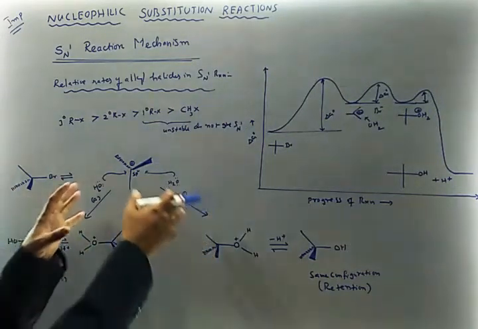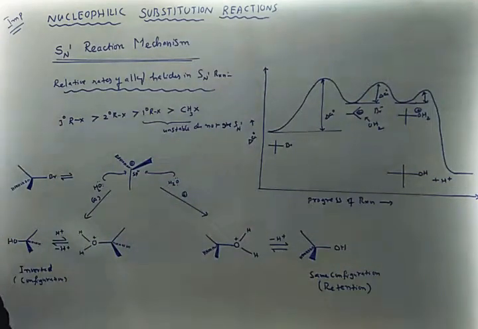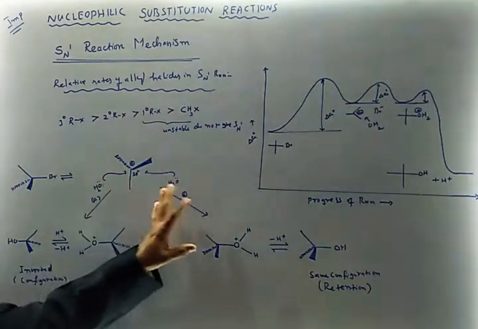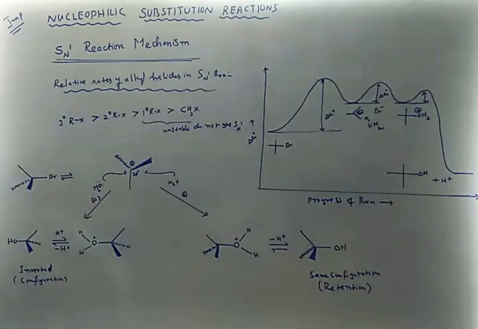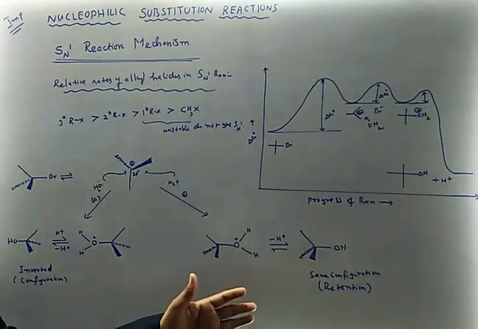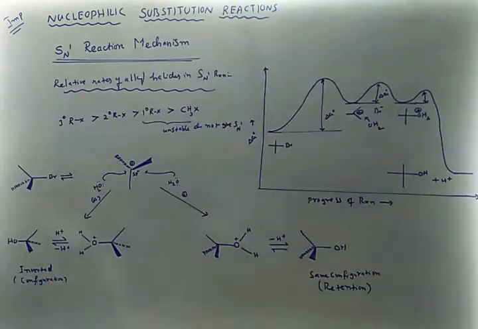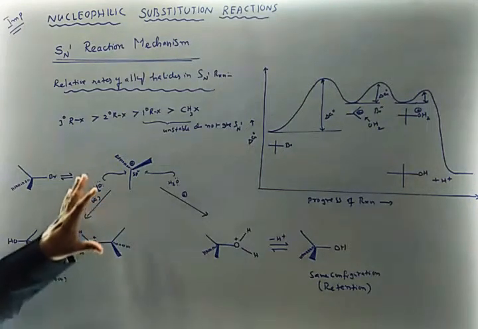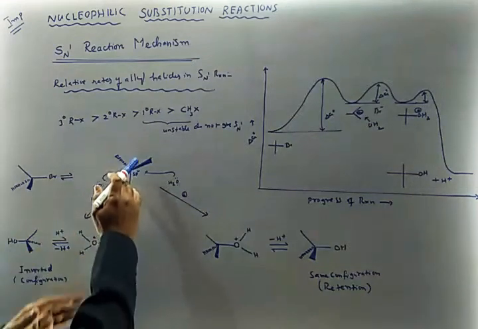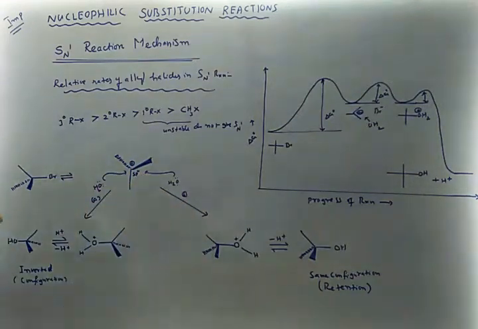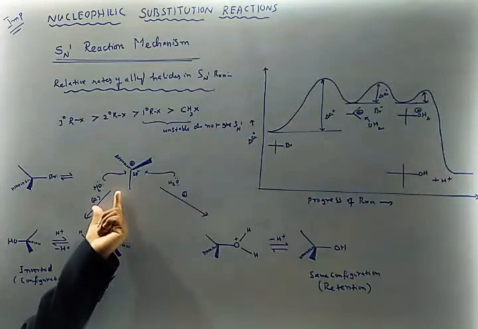We have shown two types of attack: front side attack, towards the halogen side, and back side attack, opposite to the halogen. There is no discussion about the halogen now in the case of carbocation. This is one direction, this is another direction, and we have taken the nucleophile.